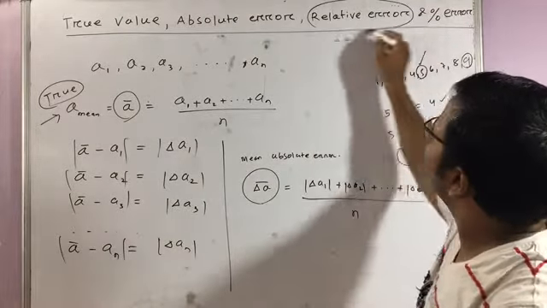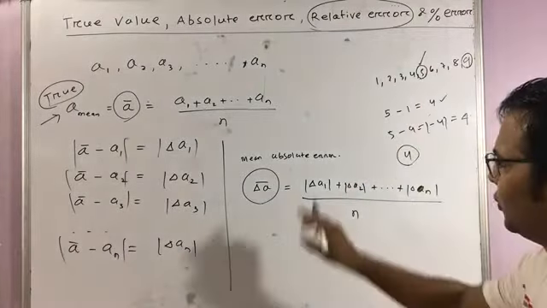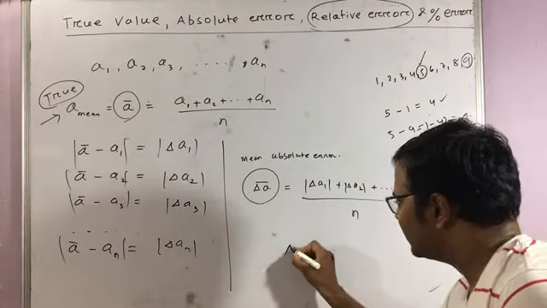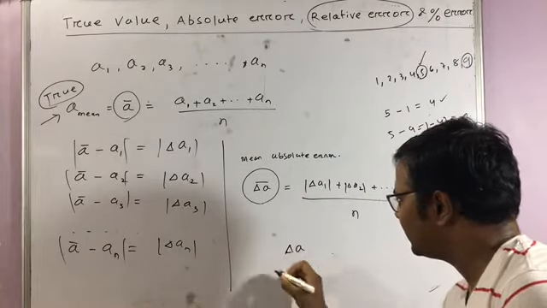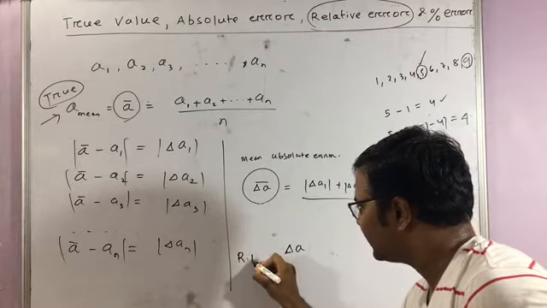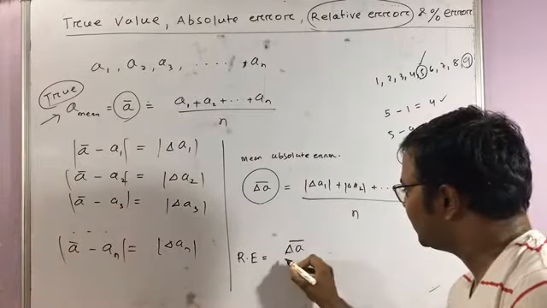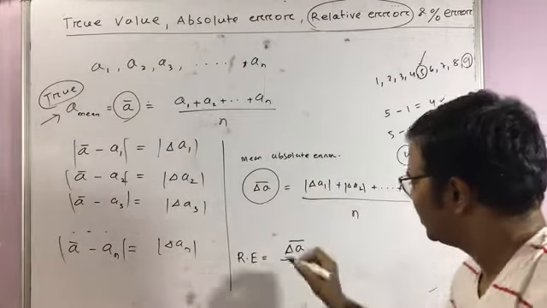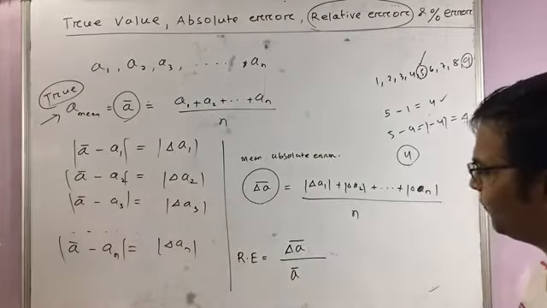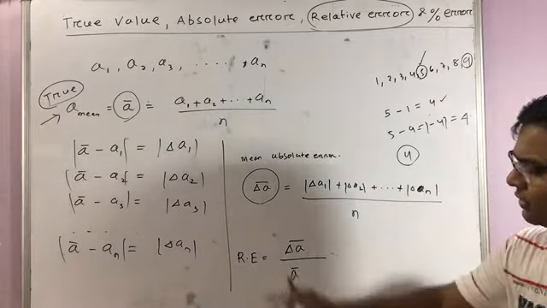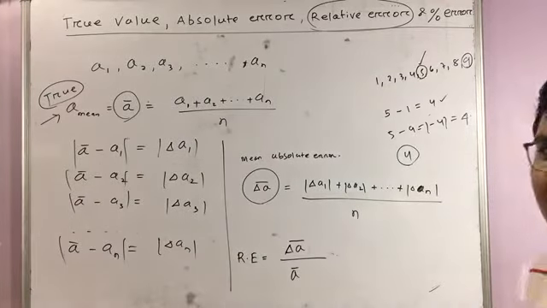Now comes your relative error. RE stands for relative error, which is nothing but the ratio between the mean absolute error and the true value. This quantity, whatever you are getting, you call it your relative error.